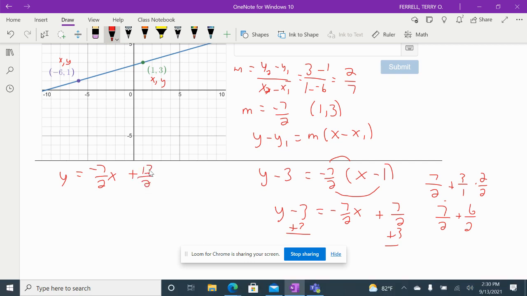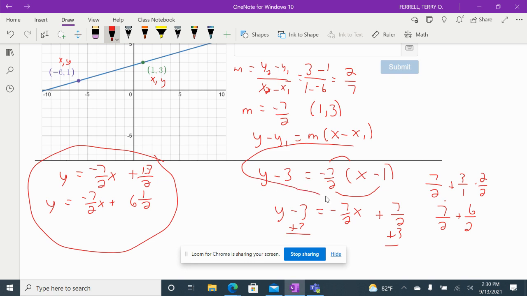So that's your equation. You also could write this as 6.5. So it will be negative 7 over 2 x plus 13 over 2, and that's your equation. So either one of these are okay, or this one as well. This one over here is in point slope. This one is in slope intercept form.